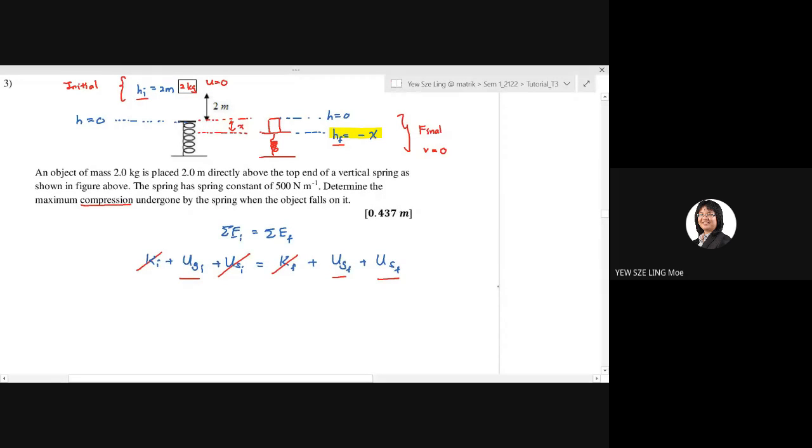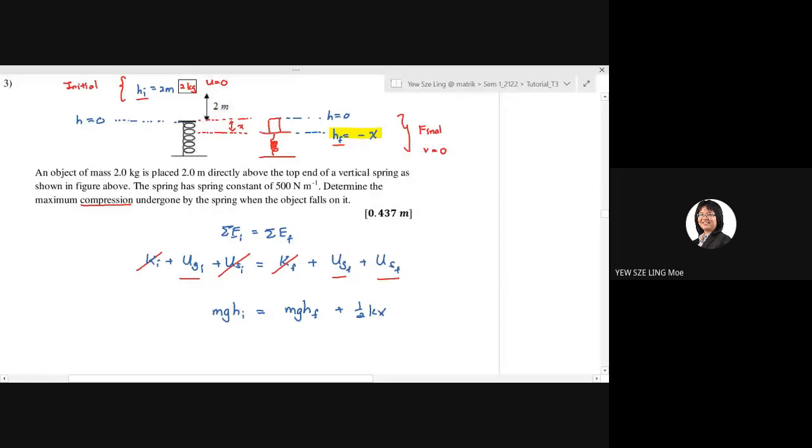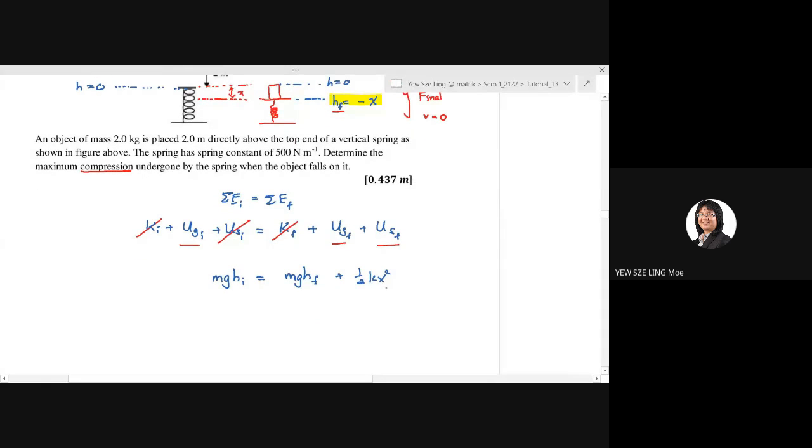Next, I'm going to expand it: mgH initial equals mgH final plus 1 over 2 kx squared. Now you cannot cross out the m anymore, because the last term, 1 over 2 kx squared, doesn't have m. So you need to keep the m in your calculation.